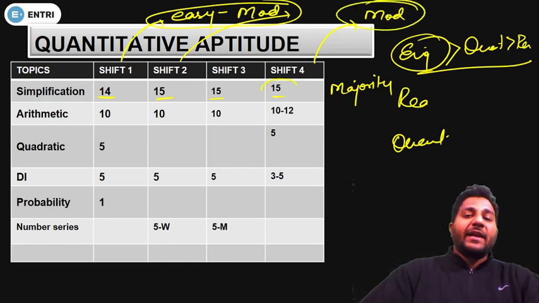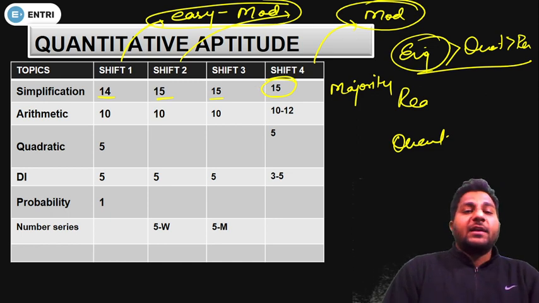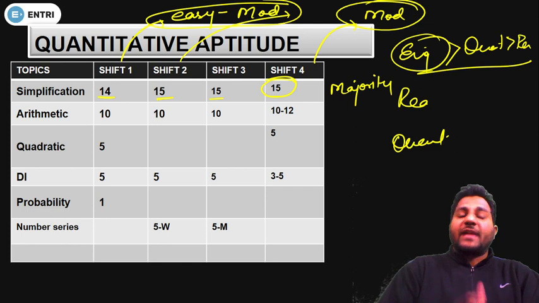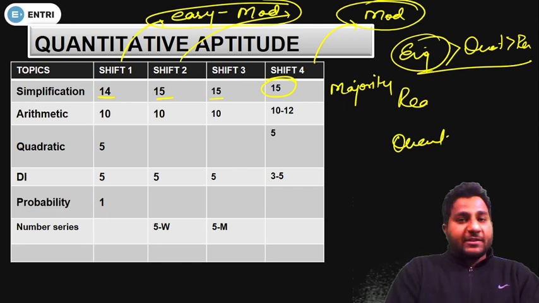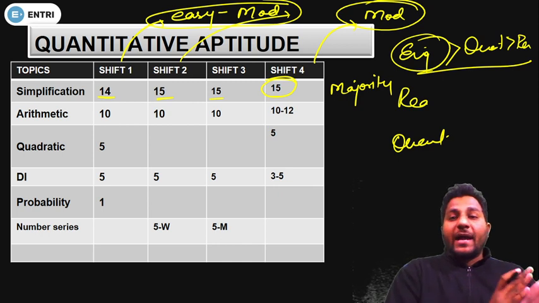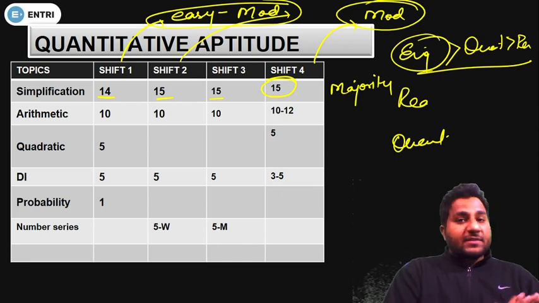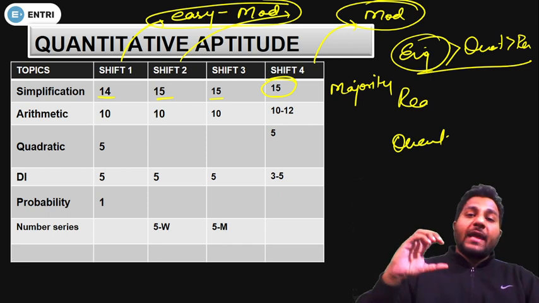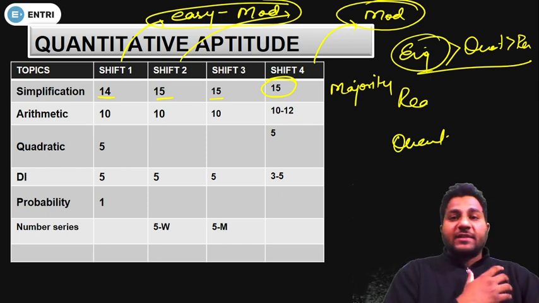Why? Because they made your life difficult by giving you some lengthy simplification questions, and that's where you need to understand. If you watched my session yesterday at 9 p.m., you knew that I brought every type of question in that class.